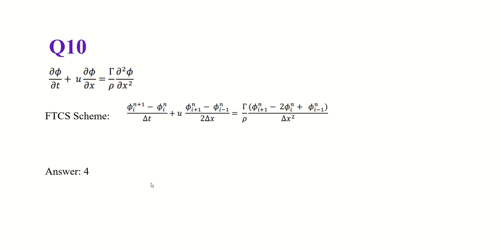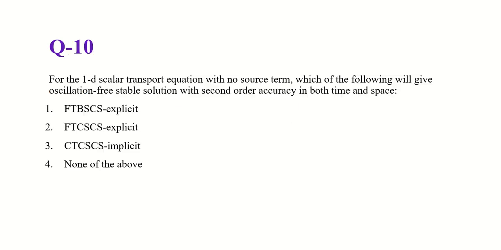Since this is not accurate enough, we are going for the upwinding scheme where the advection term is reduced in the accuracy. So it becomes backward in space so that the accuracy is reduced. That is known as forward time, backward space and central space. And if it is central space only, it is forward time, central space explicit. In both of these, they are first order in time. They are not second order in time. Whereas central time, central space and central space gives implicit.